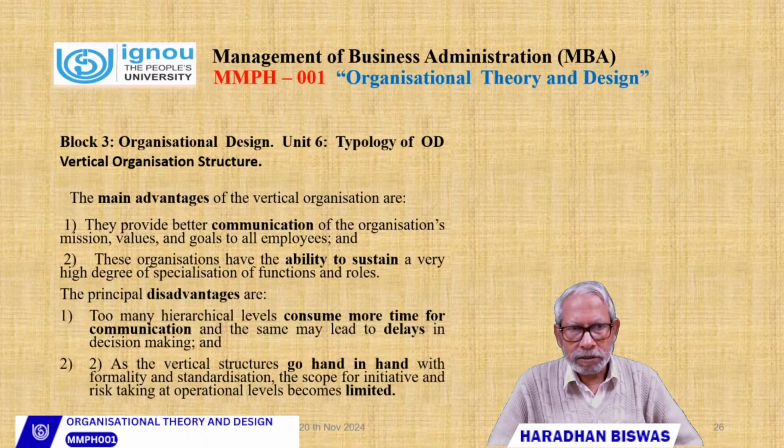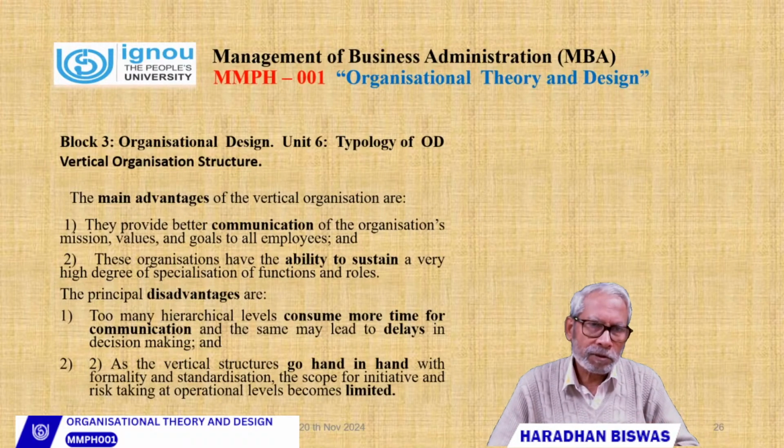What are the disadvantages? They consume more time, because when there are more hierarchical levels, there are chances of delay. Even the decision-making process may differ because different opinions will come. At another level, someone may observe something and send it back down, and it can be rectified and go up again.